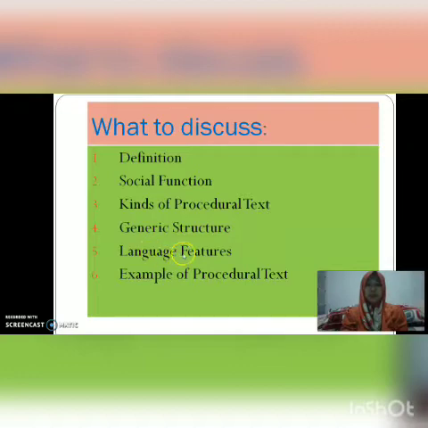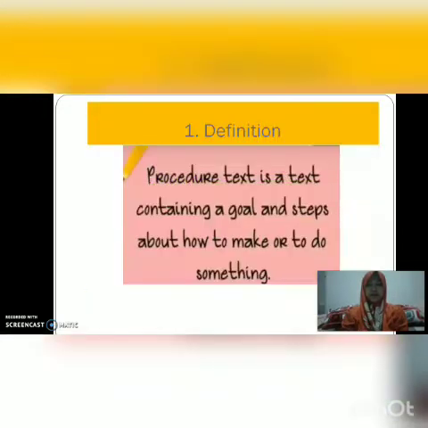The fifth is language features, and the last one is example of procedural text.